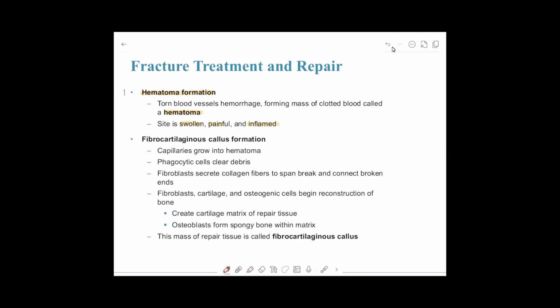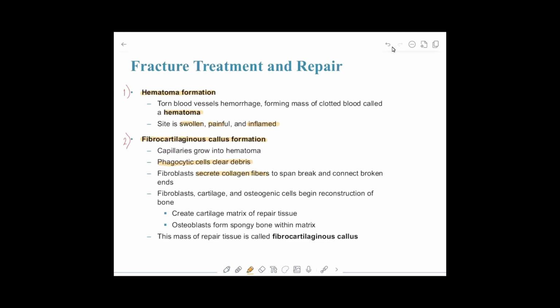The second stage is that there is kind of like this temporary cast. It's called a fibrocartilaginous callus that forms. So the capillaries grow into the hematoma. The dead cells are removed through phagocytes. Fibroblasts secrete collagen fibers to span the break.